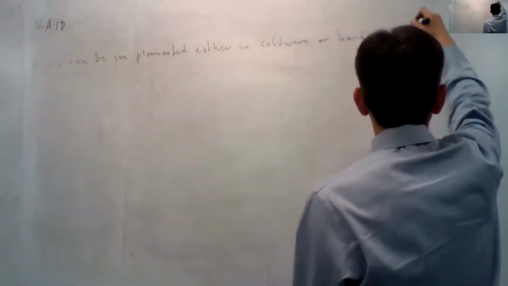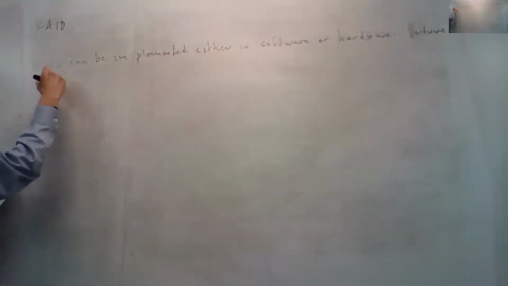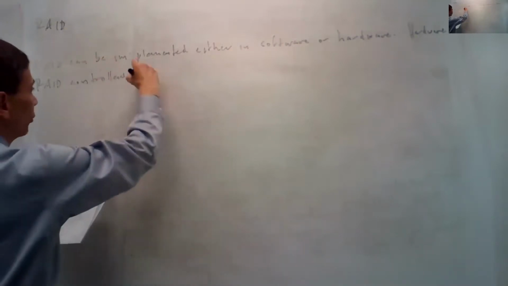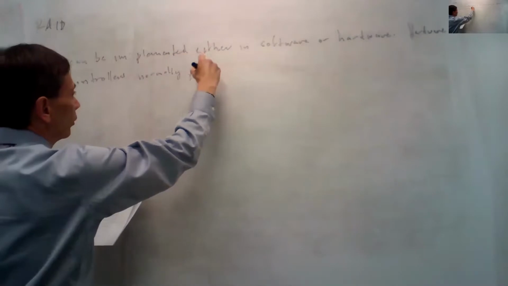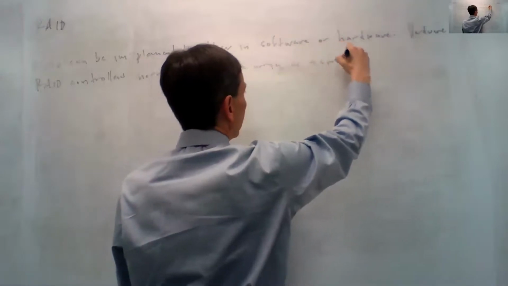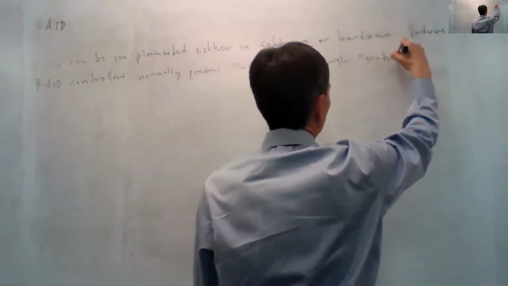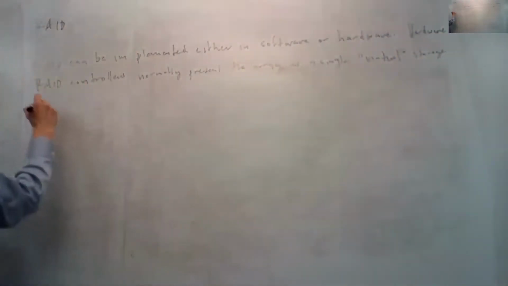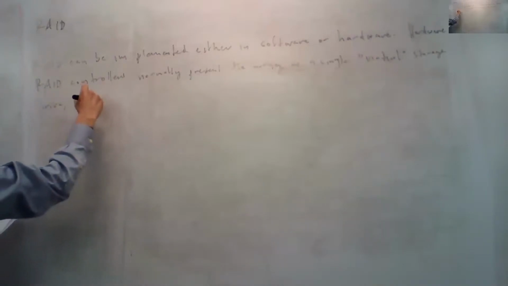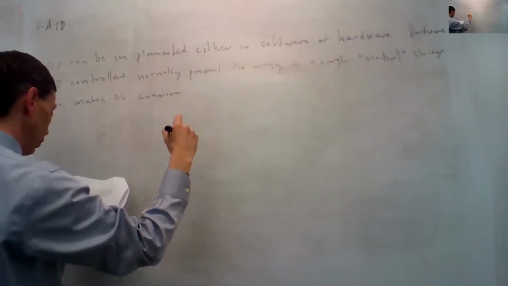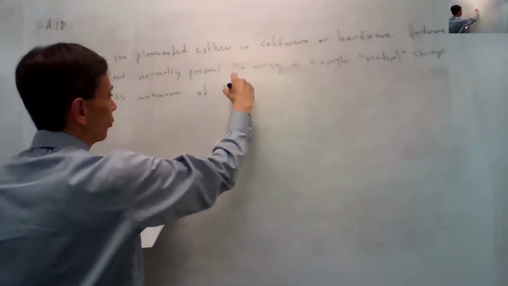And hardware RAID controllers normally present the array as a single, quote-unquote, virtual storage drive. And that makes the OS unaware of RAID-specific operations.